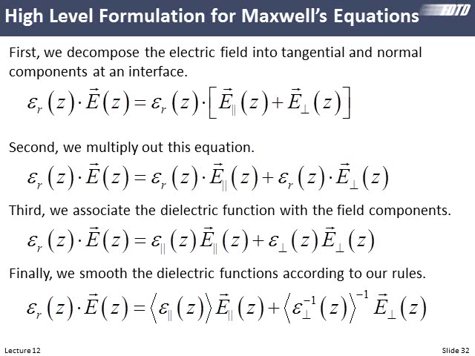But now we have an epsilon multiplying each component, which gives us the opportunity to treat those two epsilons differently. So this epsilon we'll write as epsilon parallel, and this epsilon we'll write as epsilon perpendicular, because we could blur them differently.